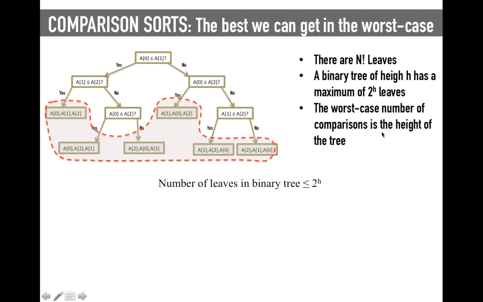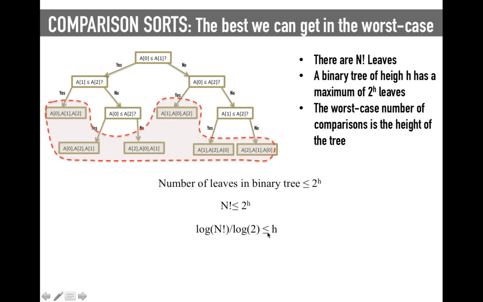So we know that the number of leaves in a binary tree is never higher than 2 to the h. We know that in this particular binary tree representing a comparison sort, this number of leaves is n factorial. And now we need to find out what the expression is for h. If we apply logarithm to this expression, we get that h is higher than log of n factorial divided by log 2.